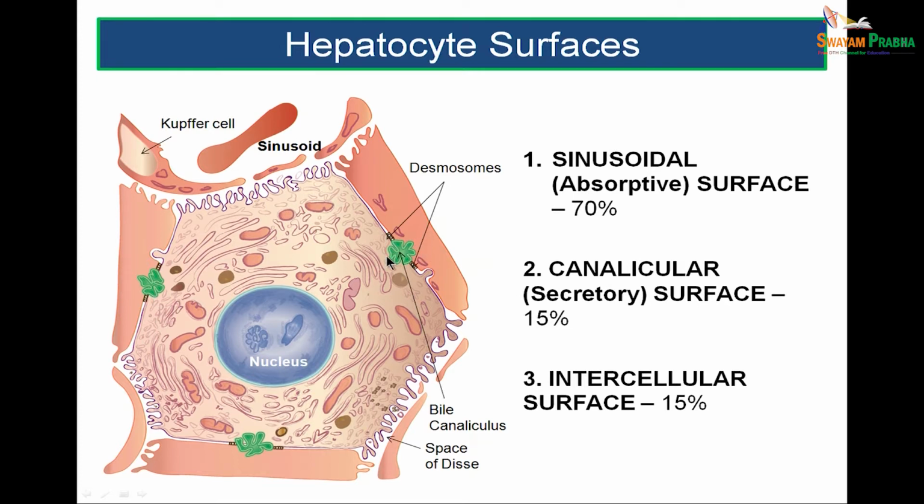These are the bile canaliculi, and the canalicular surface is a secretory surface. It makes up 15% of the total surface area. The rest is called the intercellular surface. It just has cell junctions between two cells, and it makes up the balance 15%. So, the hepatocyte has a sinusoidal surface, a canalicular surface and an intercellular surface.